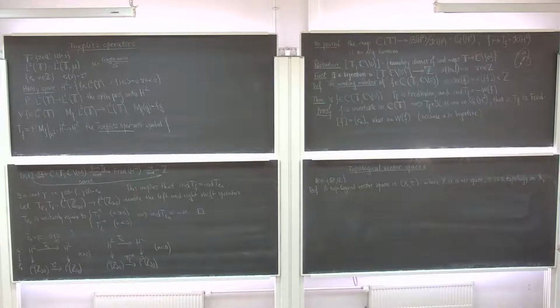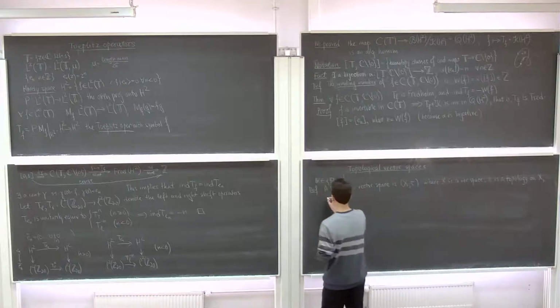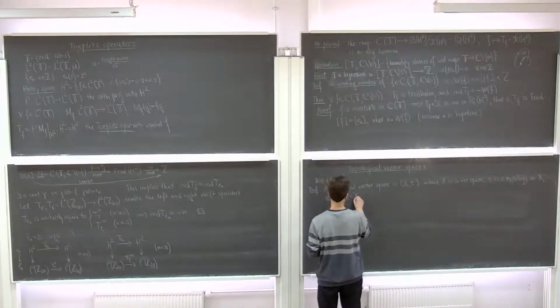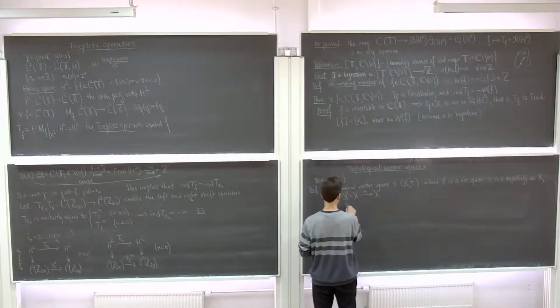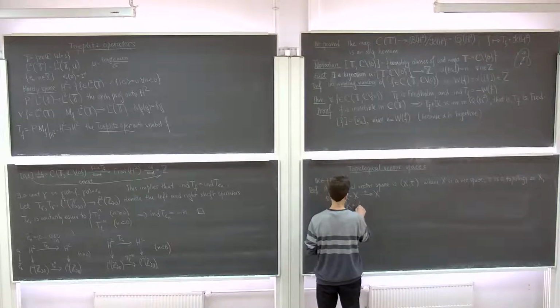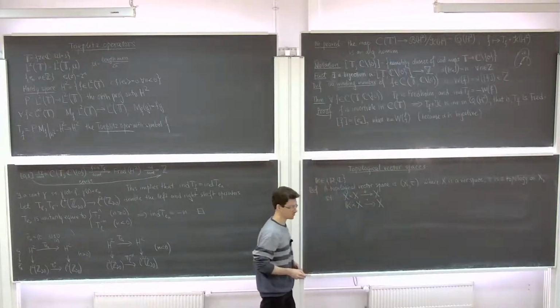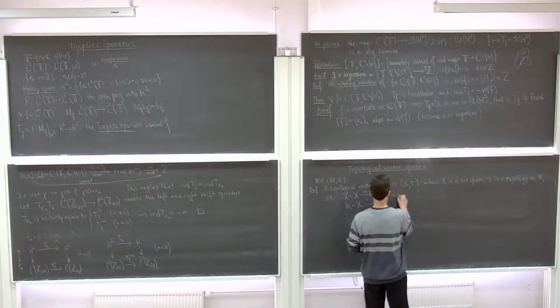And the topology should be compatible with the algebraic structure on X. So, namely, the plus operation and the multiplication by scalars should be continuous for this topology.